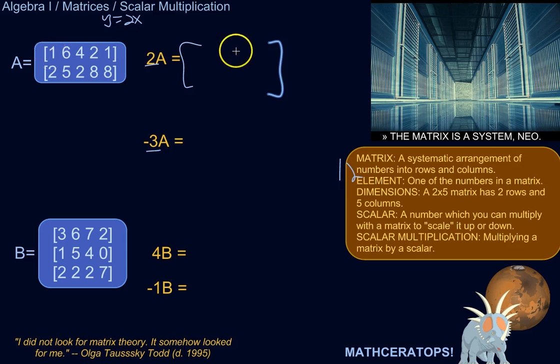So 1 times 2 is 2. 6 times 2 is 12. 4 times 2 is 8. 2 times 2 is 4. 1 times 2 is 2. 2 times 2 is 4. 5 times 2 is 10. 2 times 2 is 4. 8 times 2 is 16. 8 times 2 is 16.